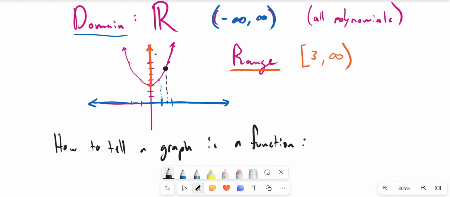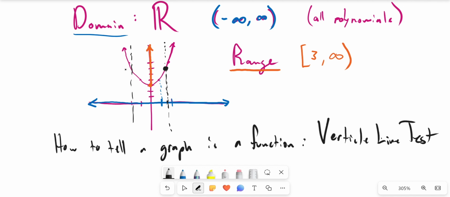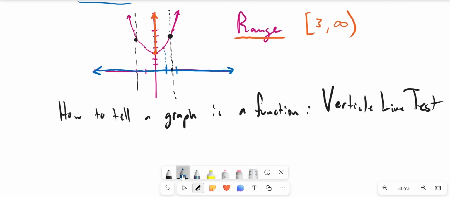What we say is that if any vertical line passes through the curve at only one point, one and only one point, this is called the vertical line test. And if a vertical line passes through the curve of this function only once, then the relation is a function.